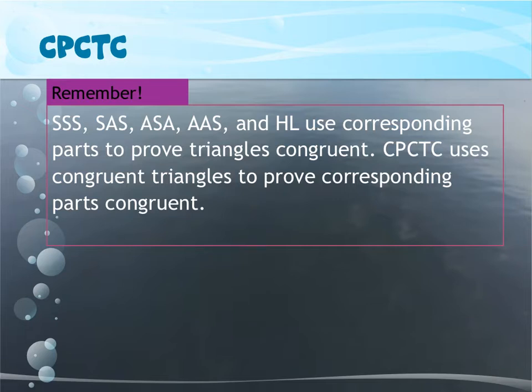CPCTC uses congruent triangles to prove corresponding parts are congruent. Before, we were finding the congruent parts and then determining that the triangles are congruent. Now we're going to find that the triangles are congruent, and we can tell that all of their corresponding parts are going to be congruent. So it's just one extra step to what we've been doing before. We're going to go over some examples.